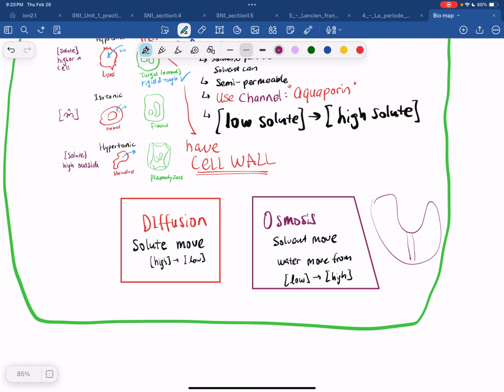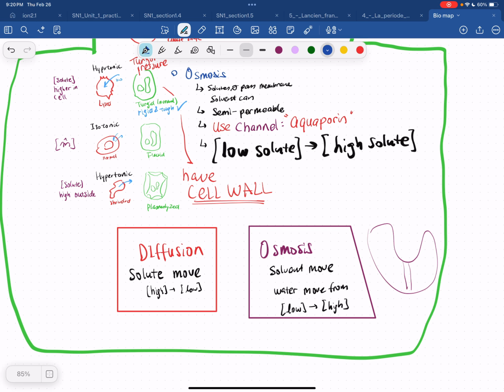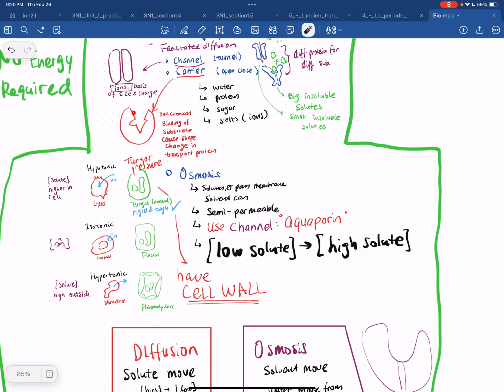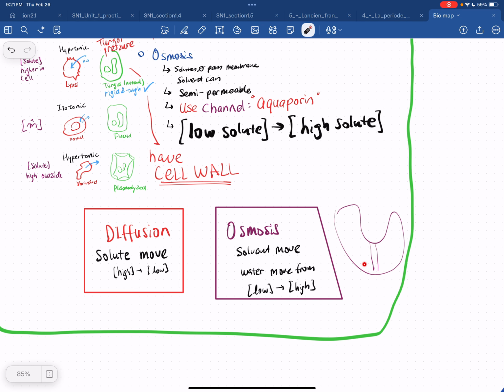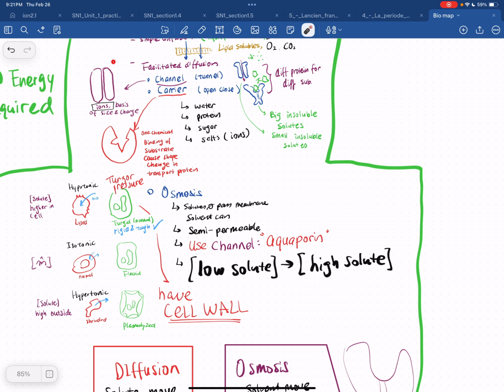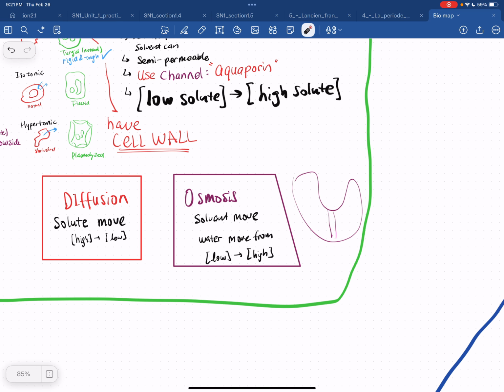The solvent will go towards the higher concentration, only the solvent. It's semi-permeable because it selects what can and cannot pass through. And these membranes have special channels called aquaporins, which are channels that let water pass through and nothing else.